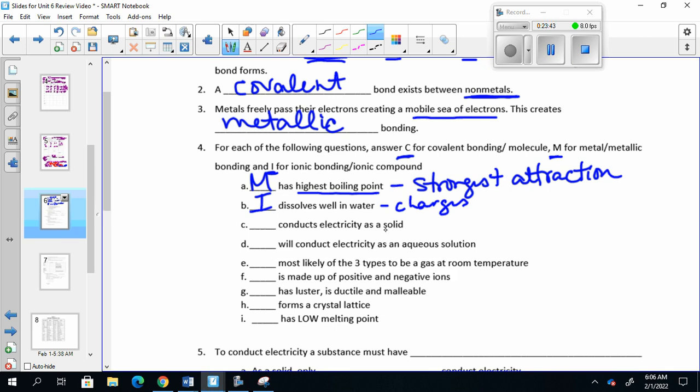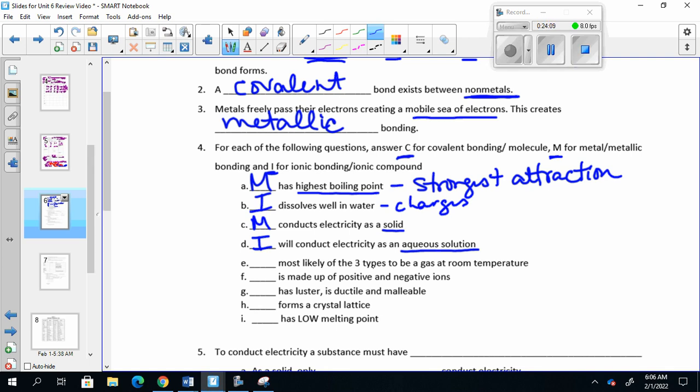Conducts electricity as a solid. So in order to conduct electricity, you got to have mobile charged particles. That metal passing those electrons, even as a solid, will allow it to conduct electricity. If you melt or dissolve in water an ion, then you'll have charges, and then it will be able to conduct electricity.